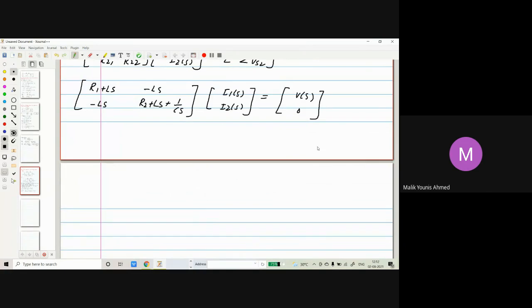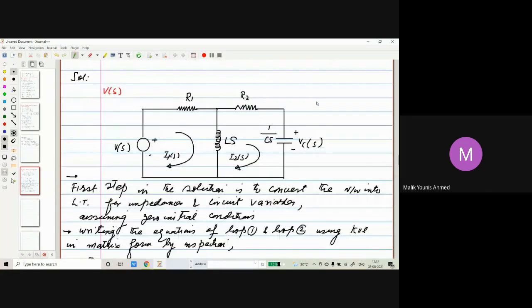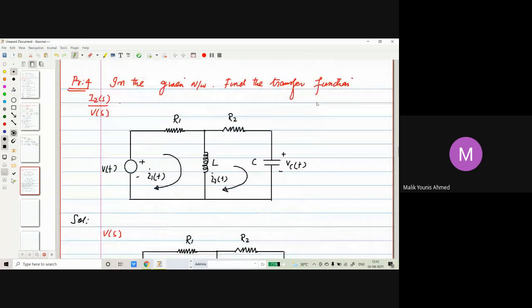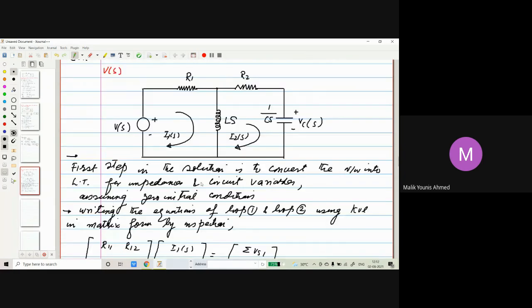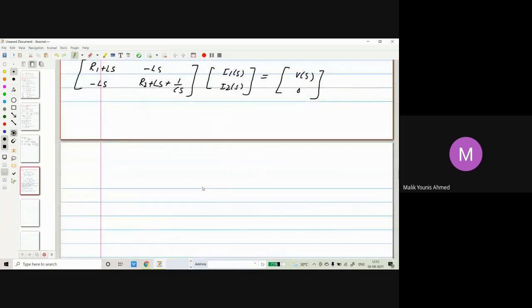So what is our aim? Our aim now, we have to look into the objective of the question. Objective is that you have to find I2 by Vs. So that means you have to find the current I2. So here we can write current I2 of S will be delta 2 by delta. So what is delta 2? You replace the second column with delta.